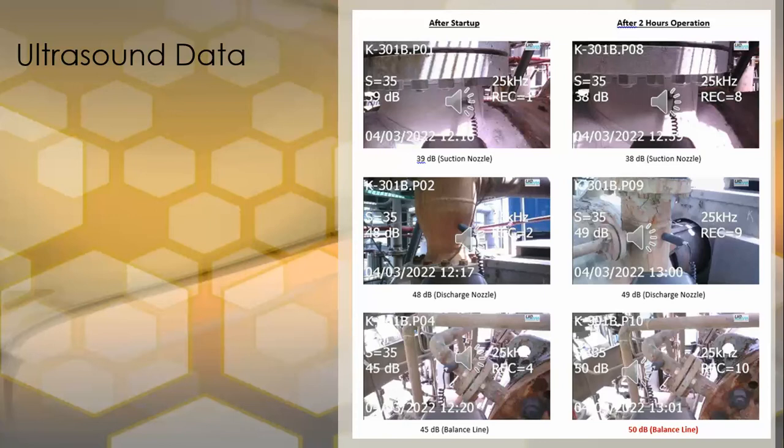After 2 hours of operation, the noise increased but without any sign of abnormality. For the discharge nozzle, there was nothing wrong, but the noise is a little bit high, but still accepted without any problem compared to the other compressor. And also the discharge nozzle after 2 hours, but with a little bit weird noise.